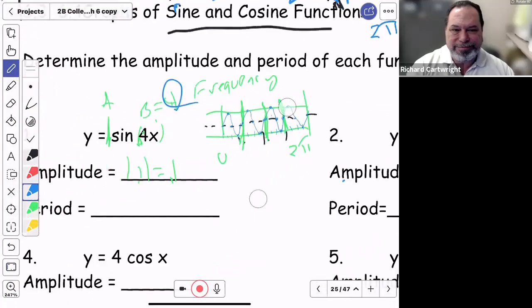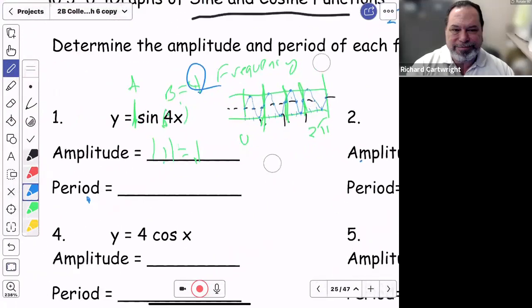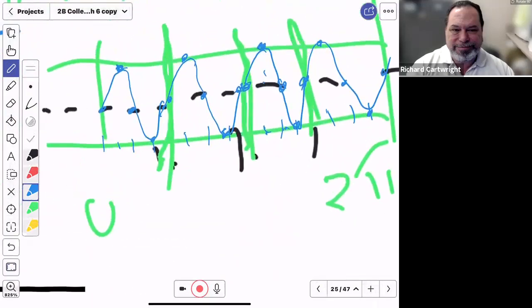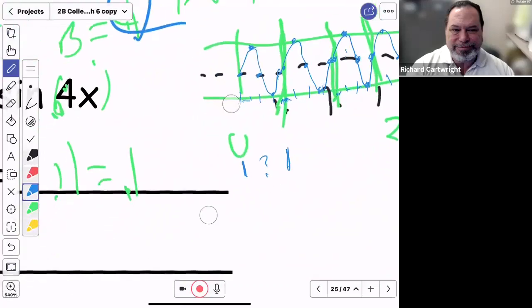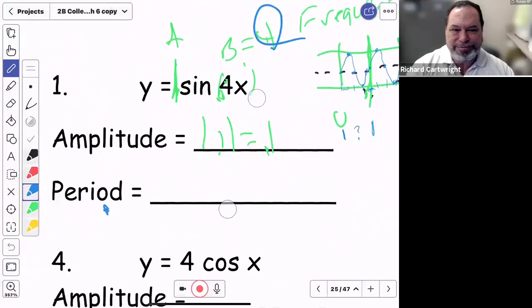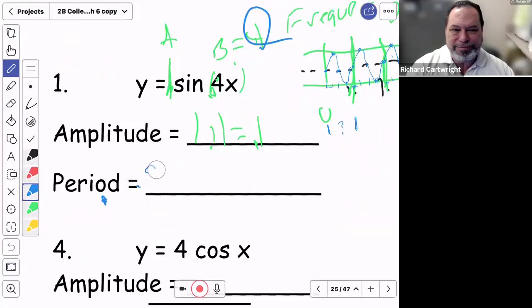Now, the question is, what's my period? My period means how long it takes to go from here to here. What's that distance from here to here, which is, by the way, the same distance from here to here? This is my period. Period means how long does it take to finish one picture? Period tau is equal to 2 pi, because 2 pi is my normal, divided by how many I can get in there: 4.